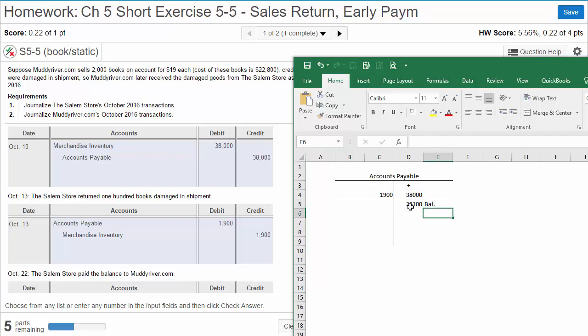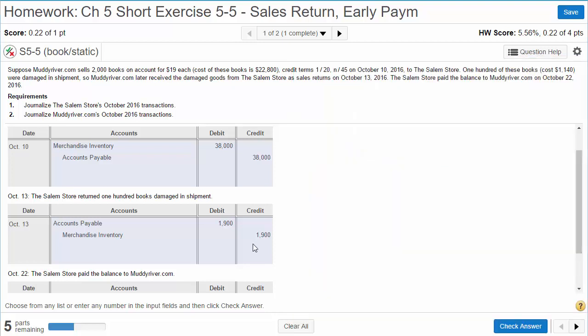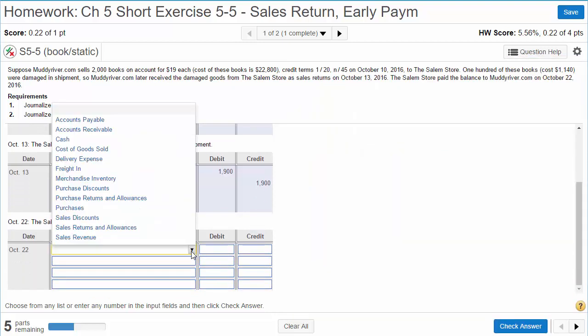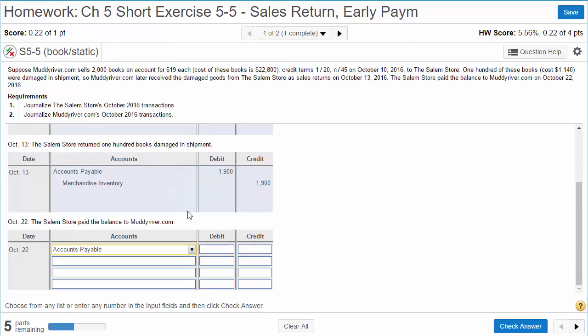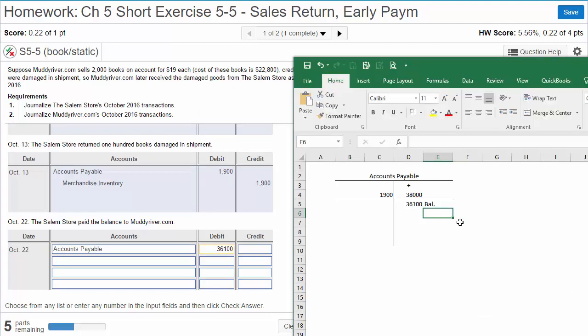So we have a balance in AP of 36,100. So when we pay this off, we need to get rid of this AP balance totally. So we're going to debit it by $36,100. AP is going away.